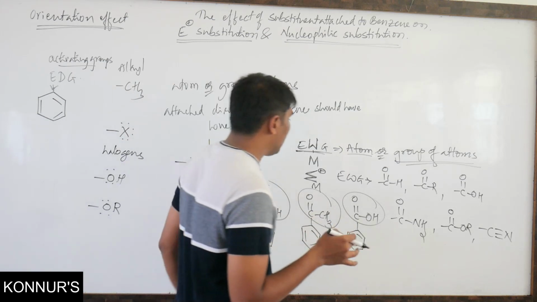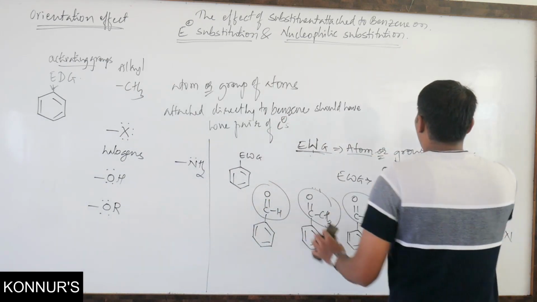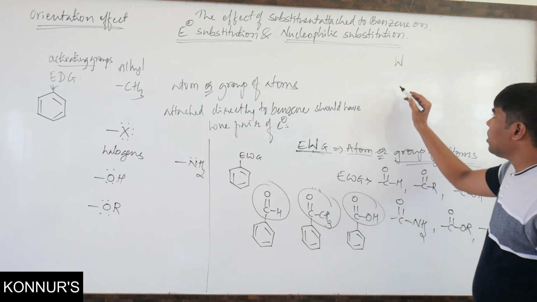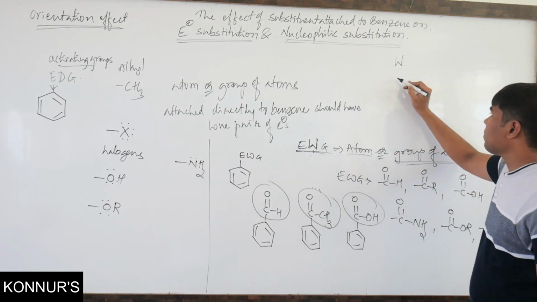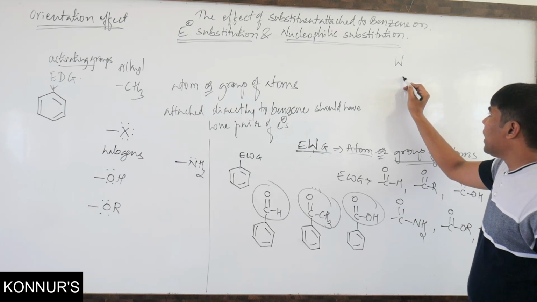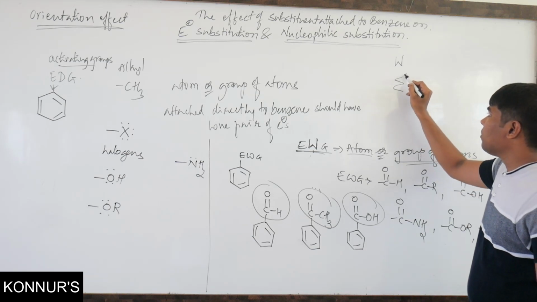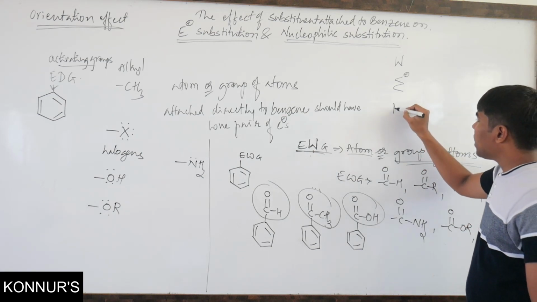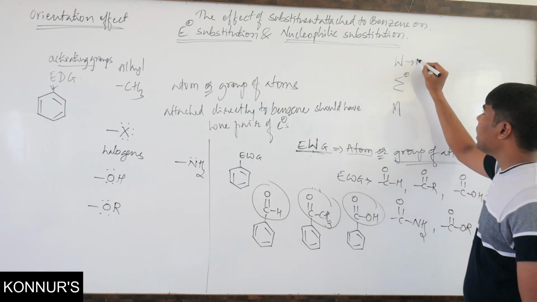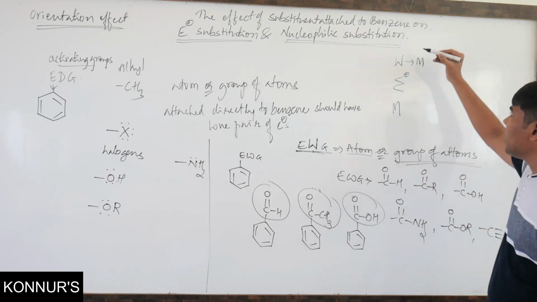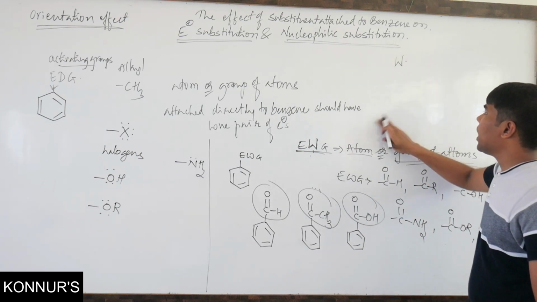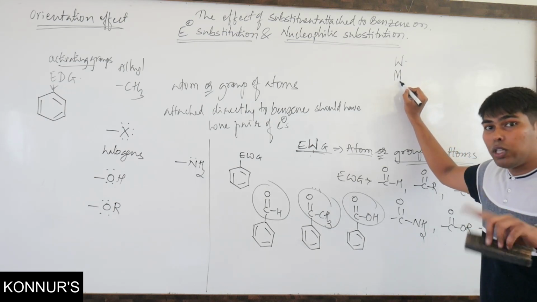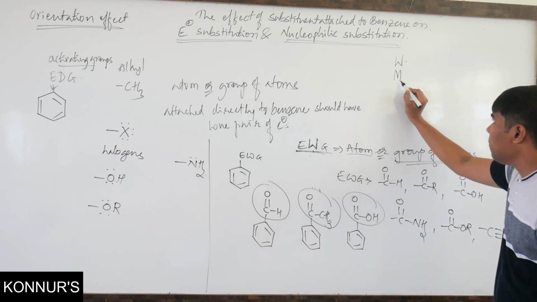Okay, I am telling you the trick that electron withdrawing groups attached to the benzene will direct the incoming electrophile to meta position, and they contain a multiple bond attached to that carbon which is further bonded to benzene.